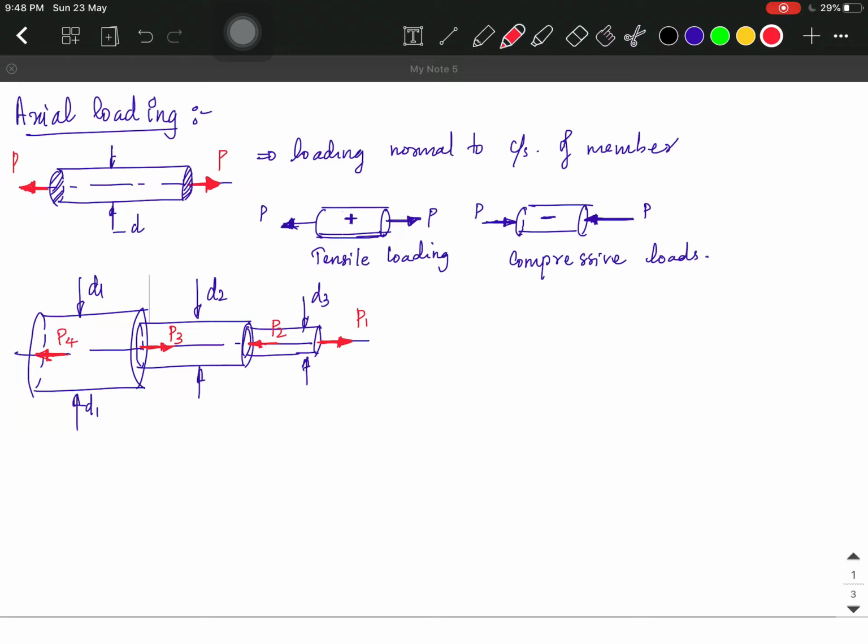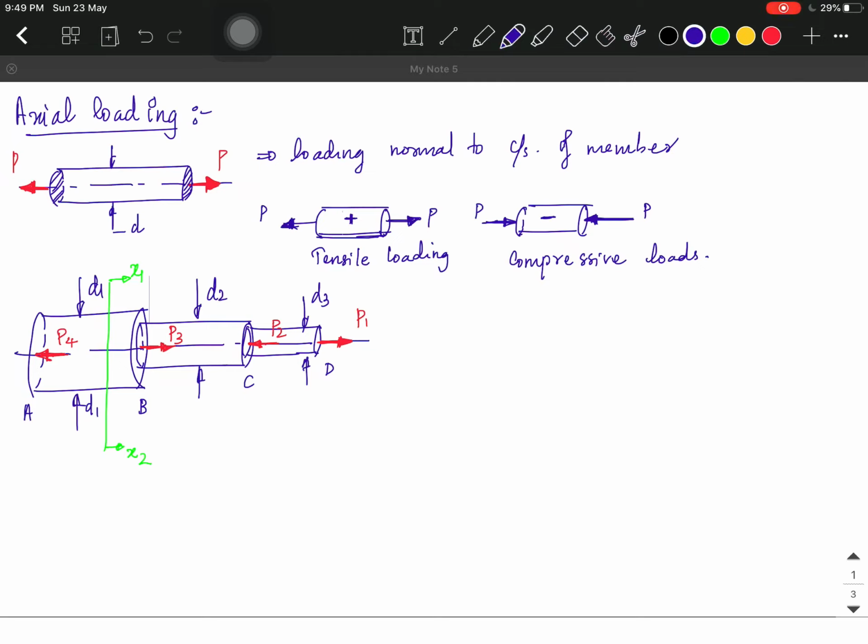For the different diameters, we have section names A, B, C and D. If we want to determine the load that is acting on the section AB, we make a section line on this member and determine the amount of load acting on either side.